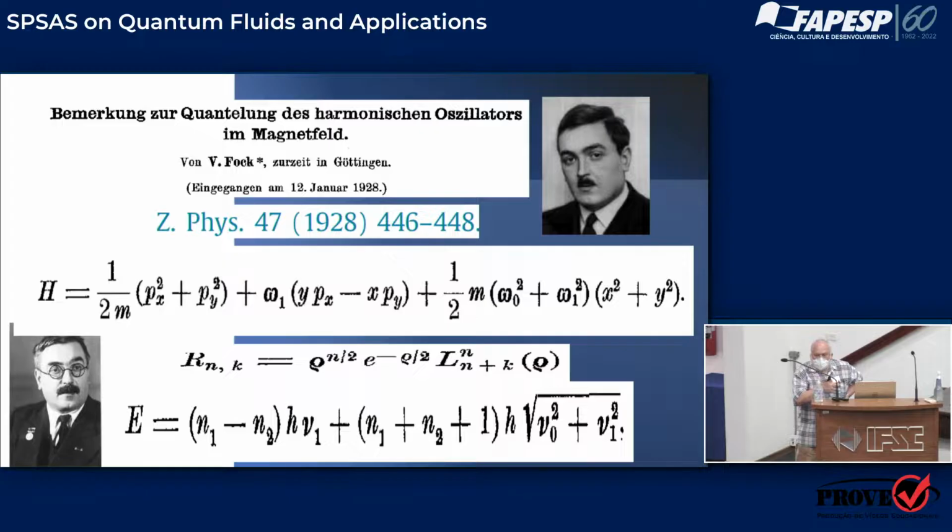Actually, you know, the solution for the harmonic oscillator alone was done by Schrödinger in one of his first papers in 26, and Fock generalized it. Therefore, he obtained the functions and obtained the spectrum. And the spectrum, you see, is very nice. It has a linear dependence on two quantum numbers, because we have two dimensions.